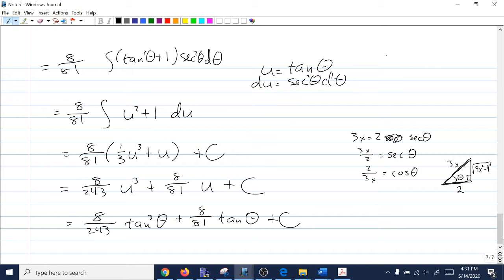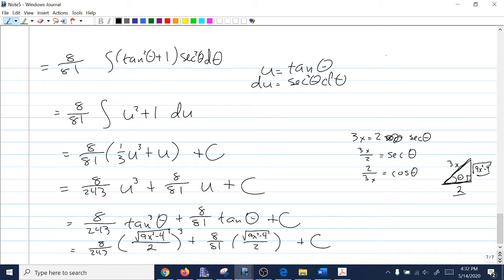What's tangent theta? Tangent theta is opposite over adjacent. Opposite over adjacent is, I got 8 over 243. Opposite over adjacent is root 9x squared minus 4 over 2, all cubed. 8 over 81, root 9x squared minus 4 over 2.